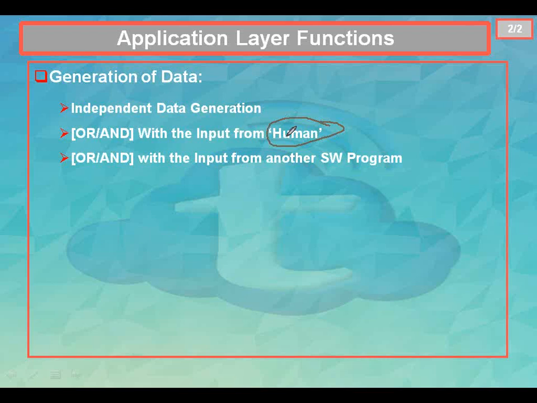If you are generating a message, typing a message and pressing the enter button, what's going to happen then? The message will go to your friend. Who generated that message in the WhatsApp application? We humans. But you have to look at that carefully.